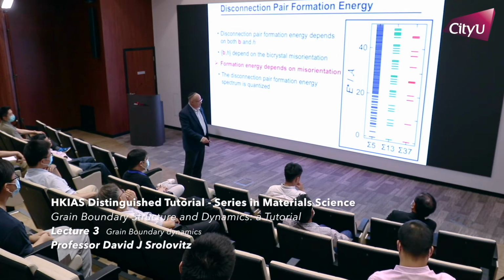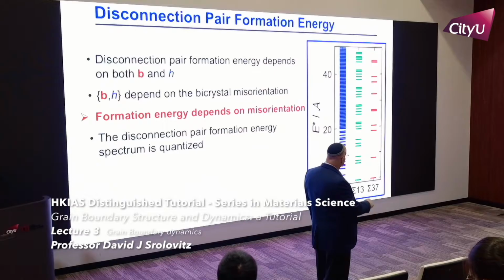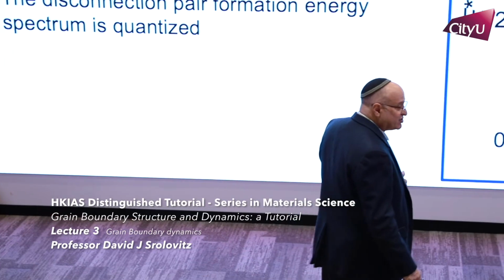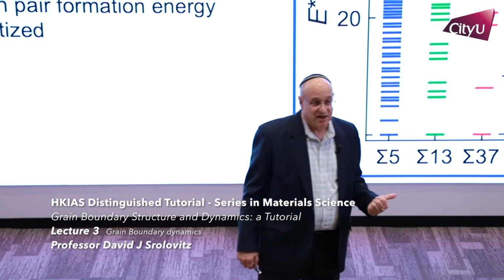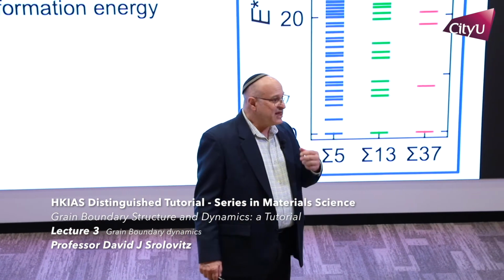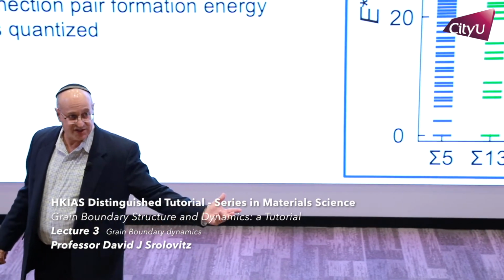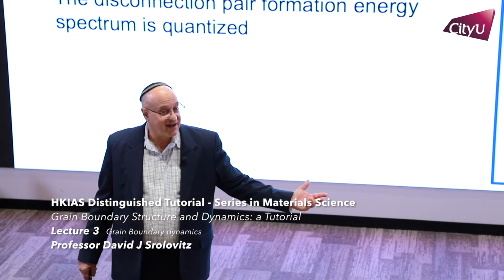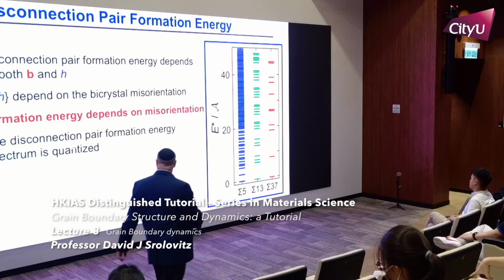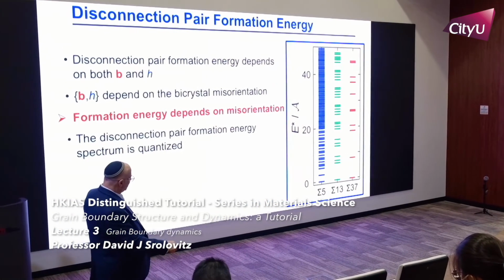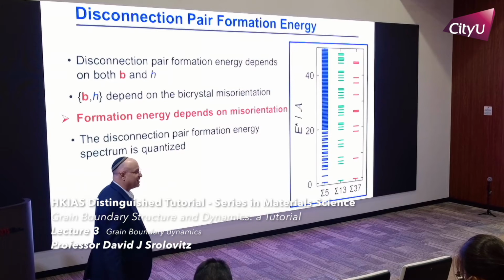If I go to another grain boundary, in this case a sigma 13, I have a different set. If I go to cases corresponding to sigma 37, I have another set. So the formation energies of different disconnections are different, and each grain boundary has its own spectrum of allowed energies. So the spectrum is quantized, and it depends on the misorientation between the grains.